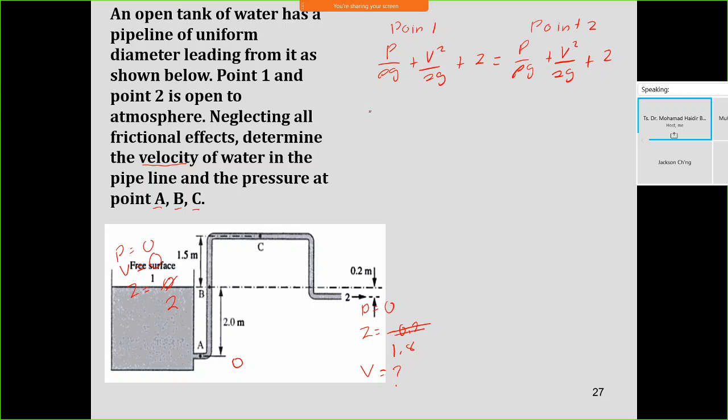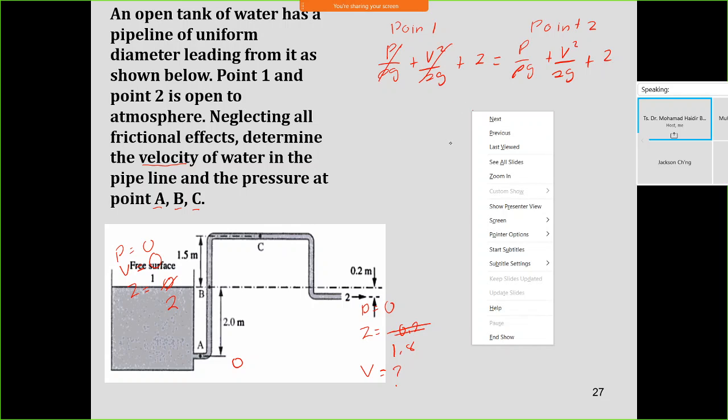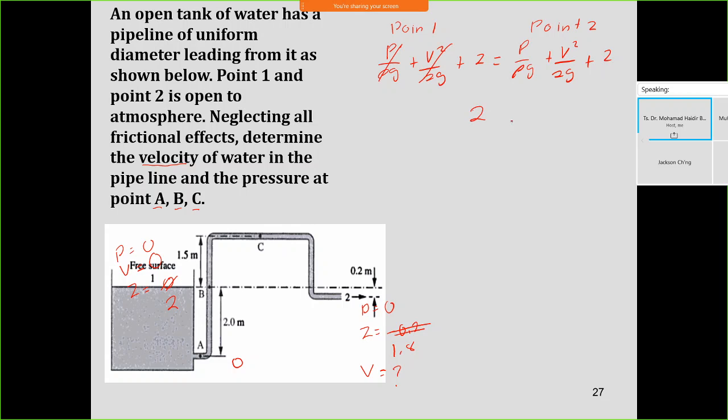For point 1, P equals 0, the velocity is 0, and Z is 2. For the second part, P equals 0, V is what we're searching for, so v square over 2 times 9.81, and Z equals 1.8.